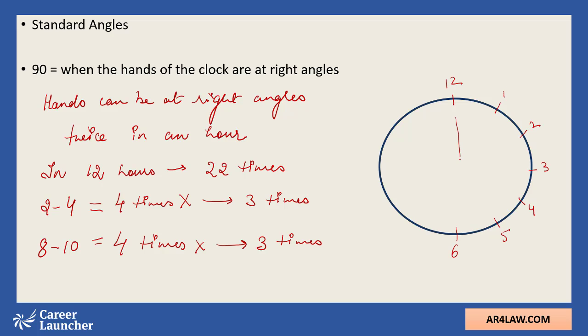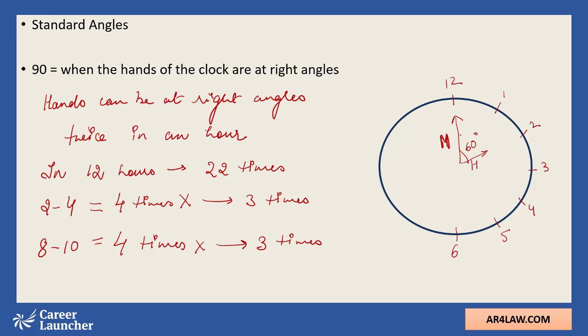Now, the scenario at exactly 2 is this. This is the hour hand and this is the minute hand. We know the minute hand is 60 degrees behind the hour hand, and they both are moving in the clockwise direction.